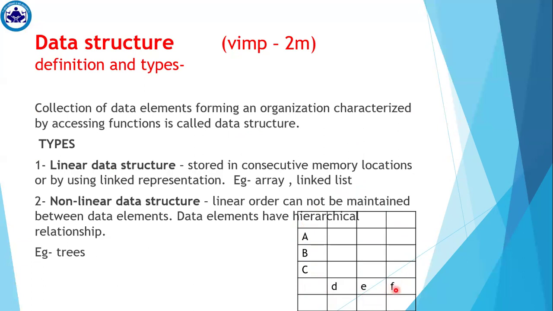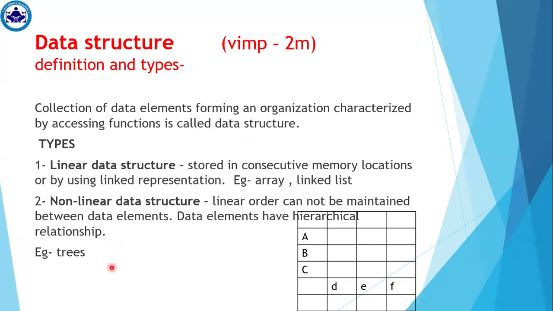And when we store these variables in the compiler, you can see A, B, C get stored in the consecutive memory locations. Means they are stored in a linear way. So it states that if we store the data in consecutive memory locations or by using linked representation, then this data structure is called as linear data structure. And the examples of linear data structure are array and linked list.